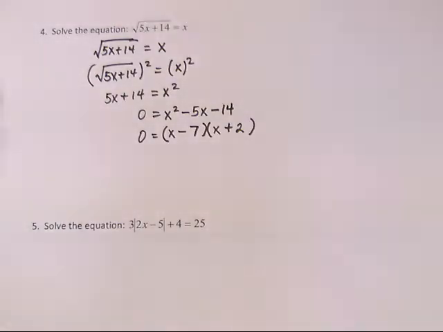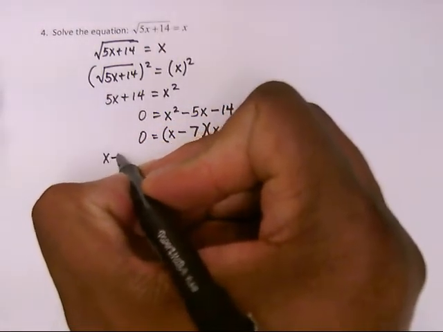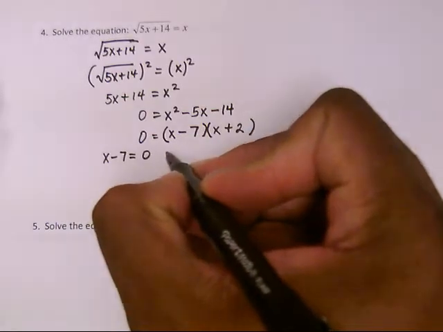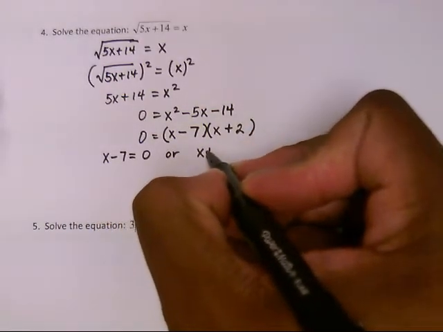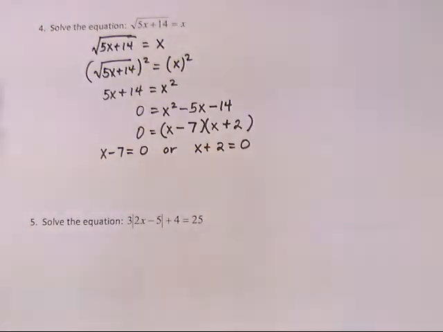And then I'm going to set each binomial factor to be equal to 0. So this means x minus 7 equals 0, or x plus 2 equals 0. And then for each equation, I'm going to solve for x.